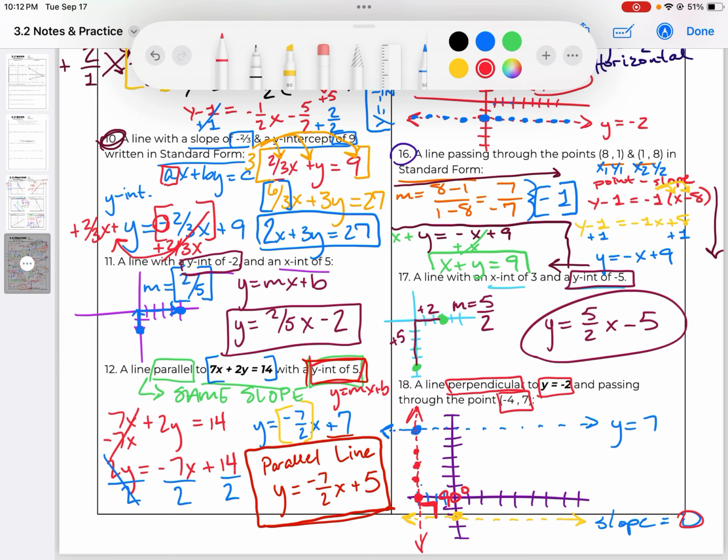Every x value on this line is -4. So I would write the equation of this red line as x equals -4. And that is the equation of a line perpendicular to y equals -2. And that is the last question of the 3.2 practice.